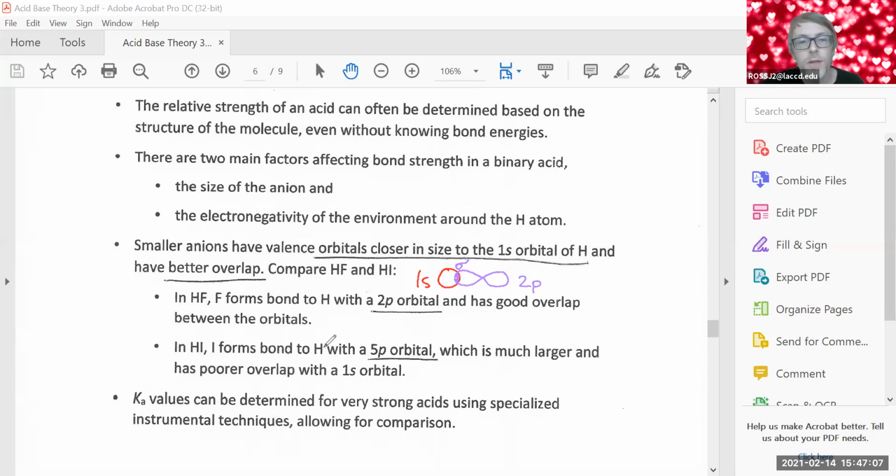This is obviously not to scale, but just to give you a visual of what we're talking about. Now, if you compare this with the s of hydrogen and then the 5p of something like iodine, then there's going to be less overlap.